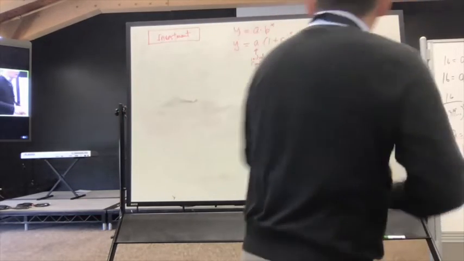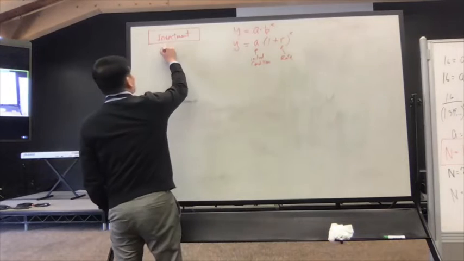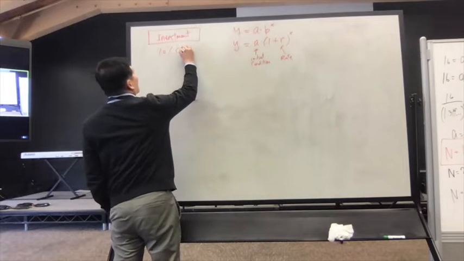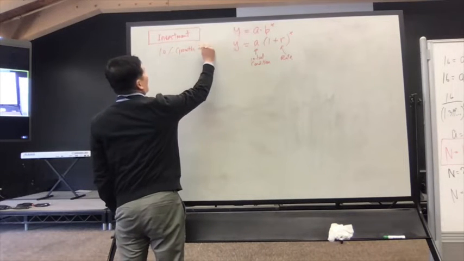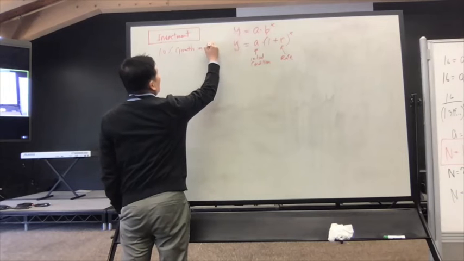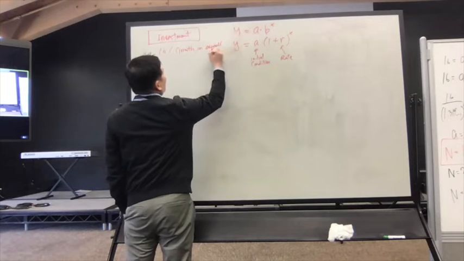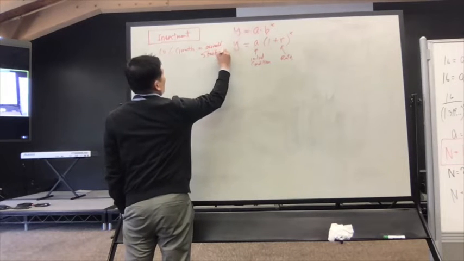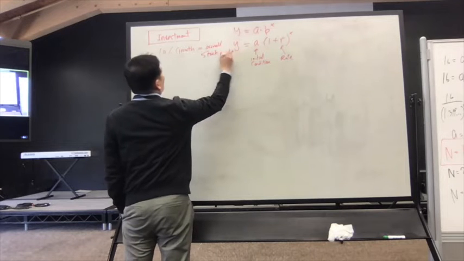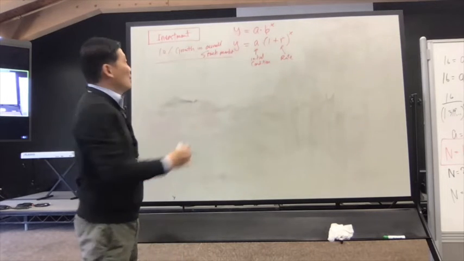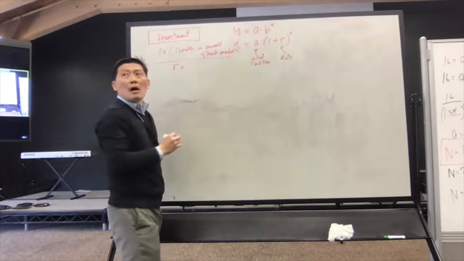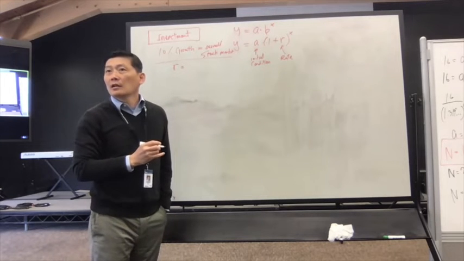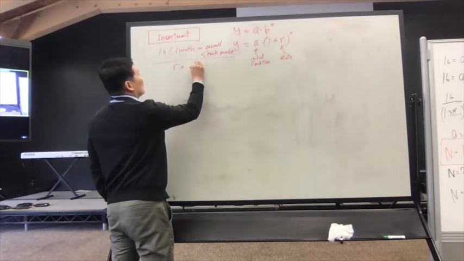So if we're talking about 10% growth in the overall stock market, then the rate is equal to what? 0.1.